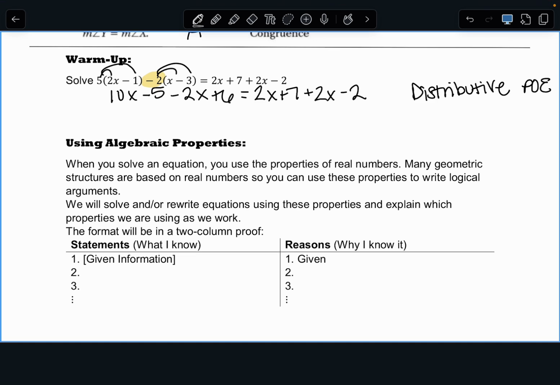Okay. Next step. Let's handle each side. What should I do with my x's on the left? Combine like terms. I love how Charlie said that. That is the exact way I want you to write this step. If you are combining x's on one side of your equal sign, you are combining like terms.